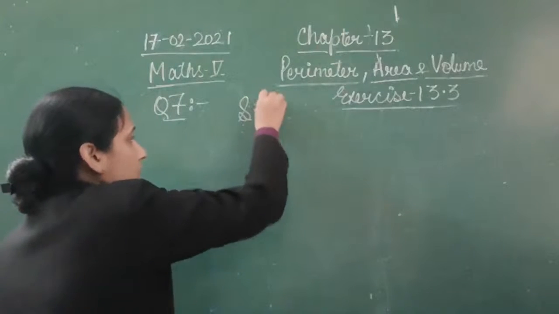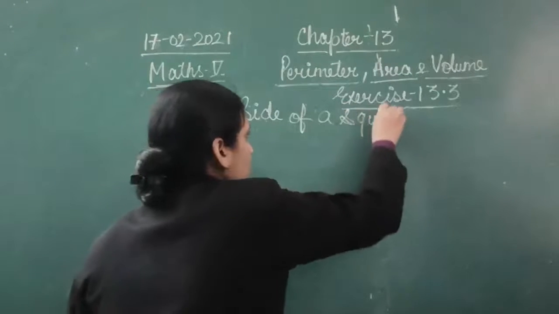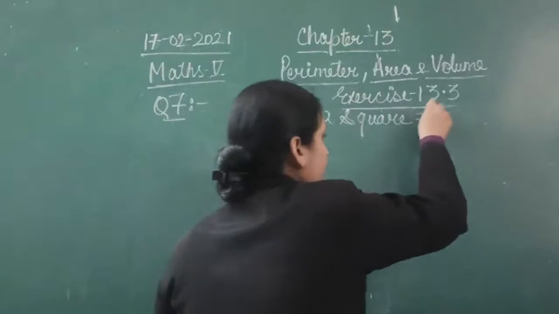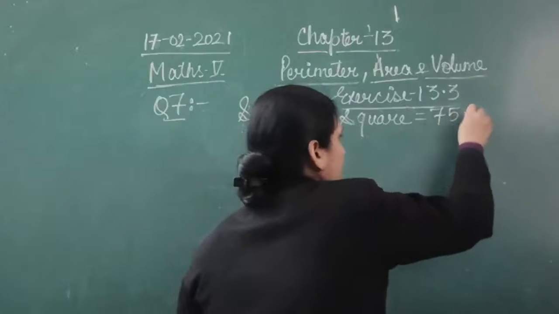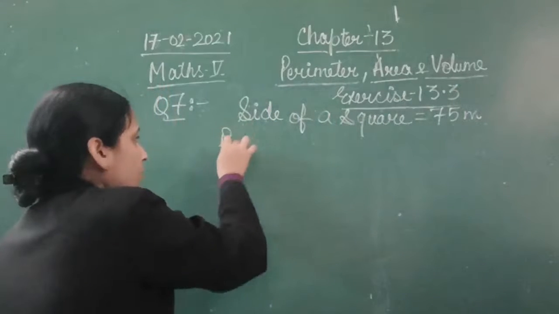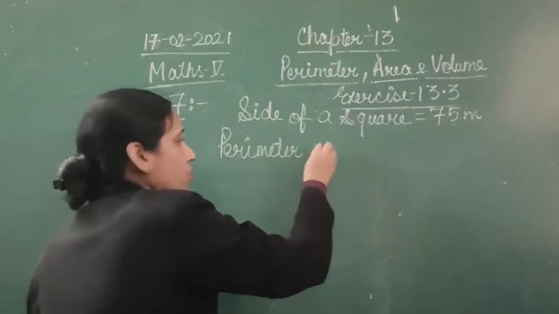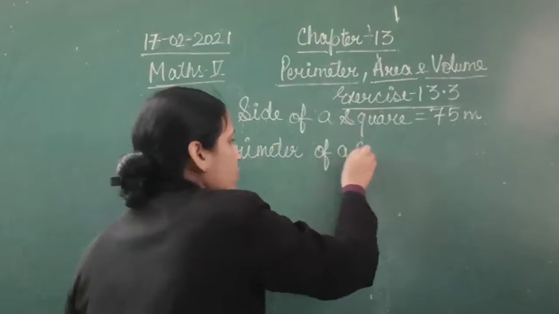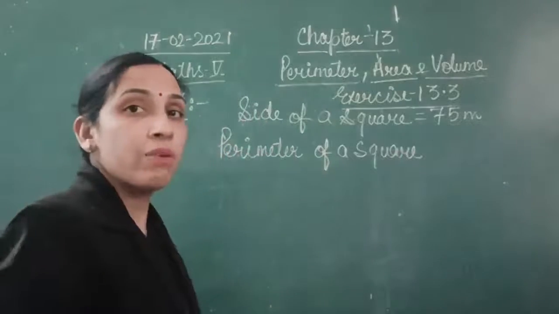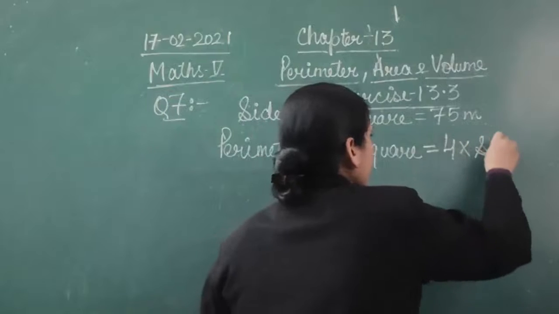Now the side of a square is given to you. What is this side? That is 75 meter. Now what is the formula for finding perimeter? Perimeter of a square, we know this formula. All the four sides of a square are equal. Perimeter of a square is 4 multiplied by side.